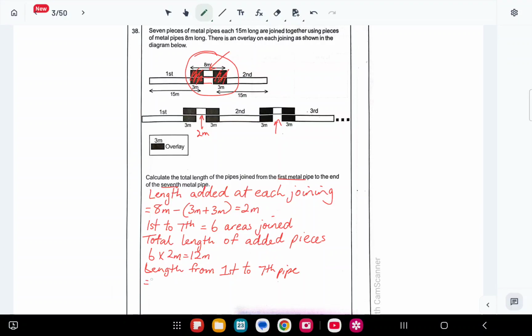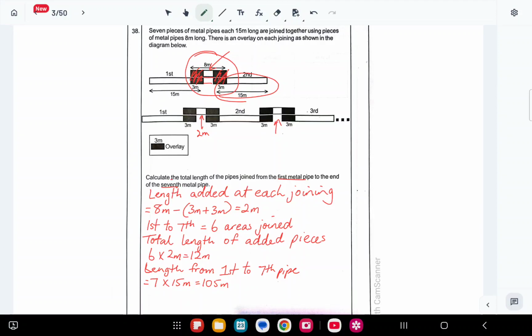So that would be 7 pipes multiplied by the length of one pipe, which we know is 15 meters, which is equal to 105 meters.